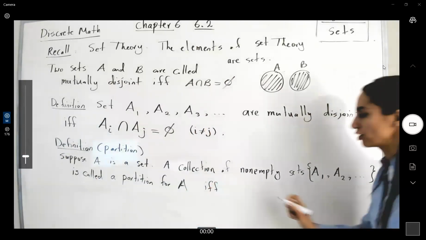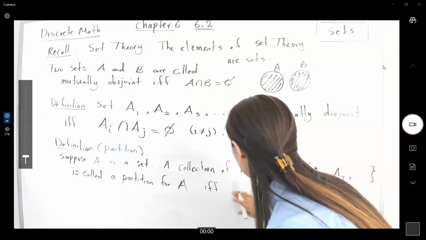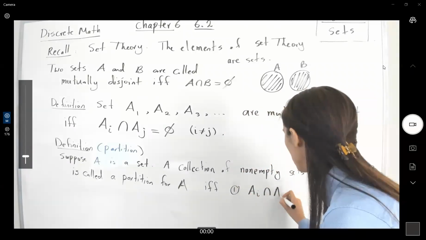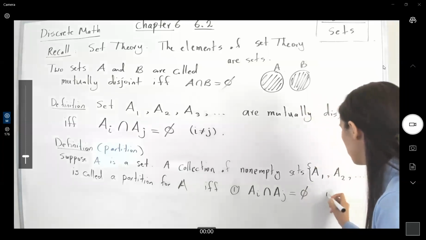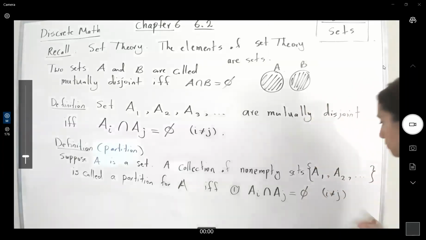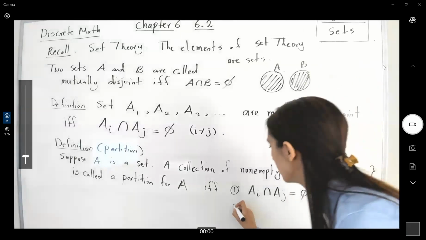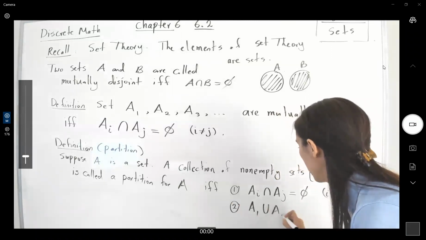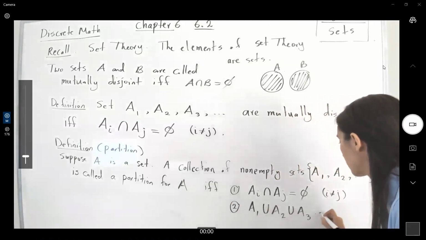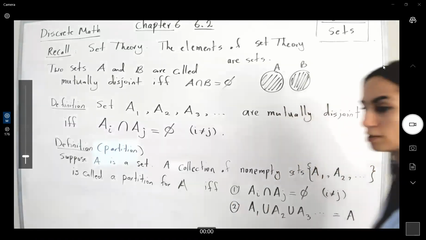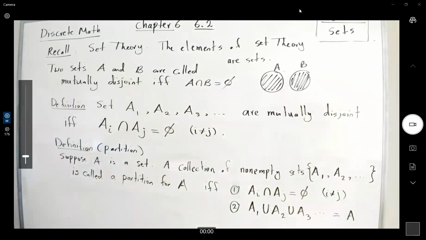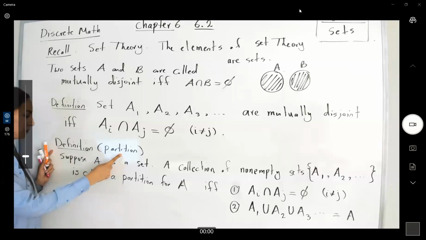it satisfies these two conditions. First of all, A sub i intersection A sub j is empty. It means that they are mutually disjoint. And 2, the union of A1, A2, A3, and the rest of them is equal to A itself. So again, definition of a partition.